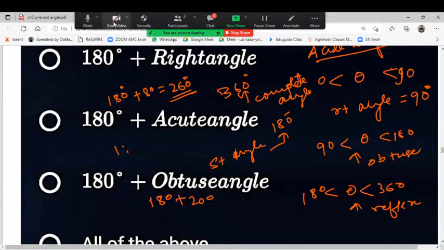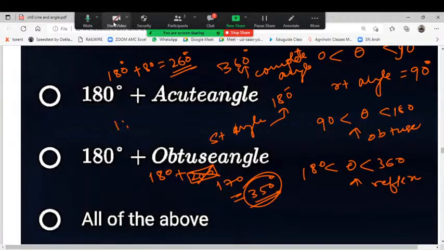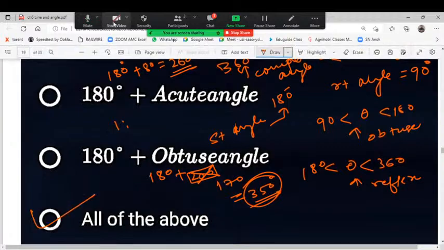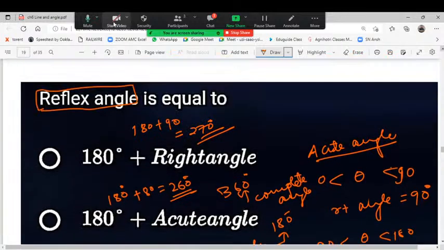Do you think 200 is obtuse? 200 is not obtuse. No, sir. I can add 170 here. What will I get? I will get 350. Do you think 350 is a reflex angle? Yes, it is. That means our answer should be all of the above. All of the above are going to give you a reflex angle.